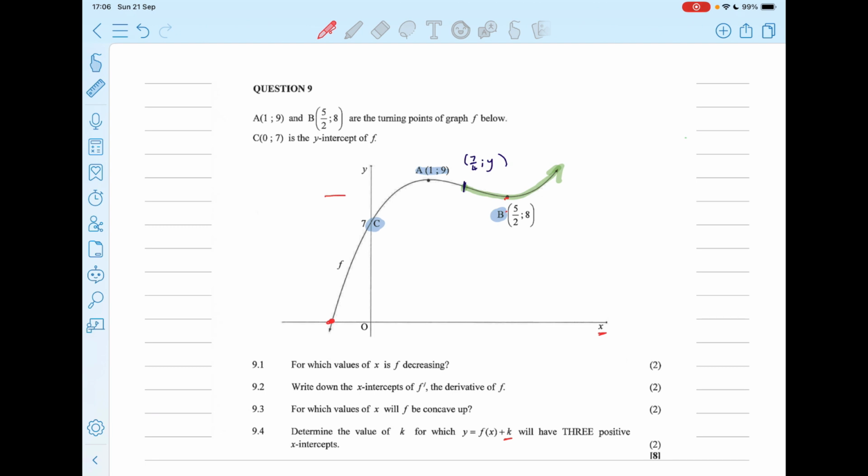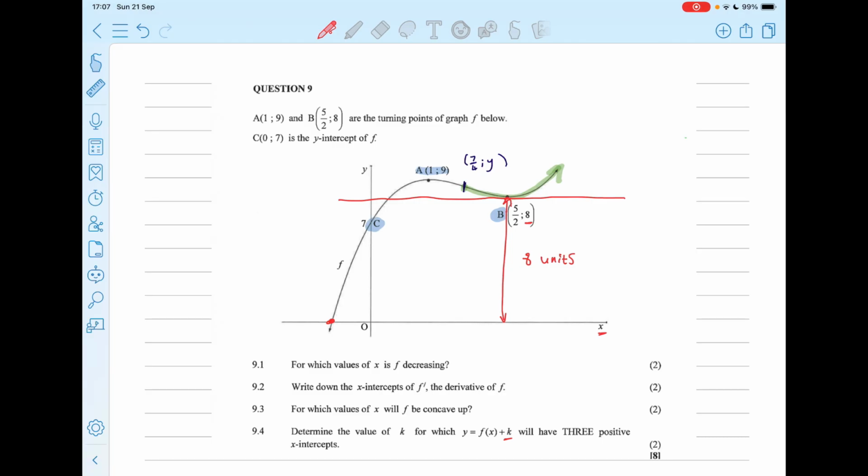So if I draw a line here, okay, let's try like that. This is us making an assumption that the graph has been shifted down by 8 units, because here y is equal to 8. So this distance is 8 units.